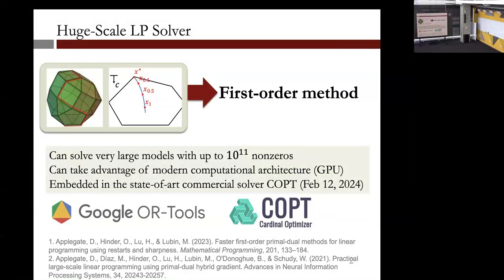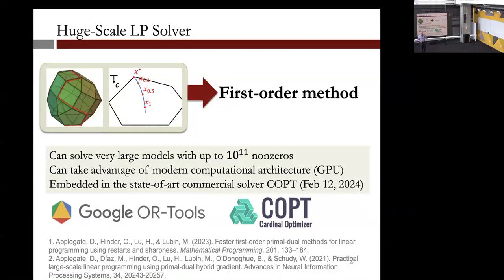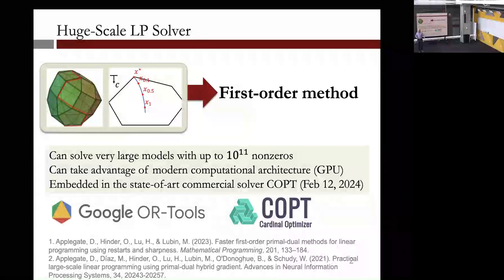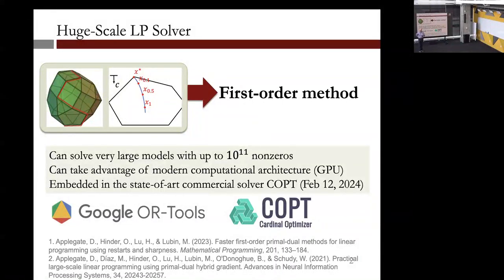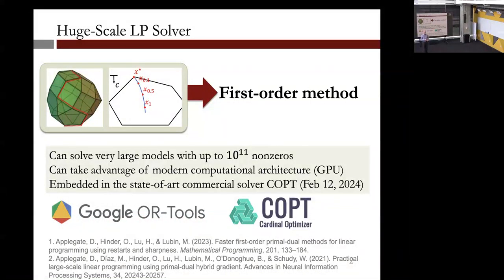And then I would just say literally just a couple of weeks ago, February 12th, the first state-of-the-art commercial solver using first-order methods. There's a company called COPT that's, I think, based in China, and has academic roots, both at the moment to Haihao Lu and also Zikai Xiong, who's my doctoral student, and Yinyu Ye at Stanford.